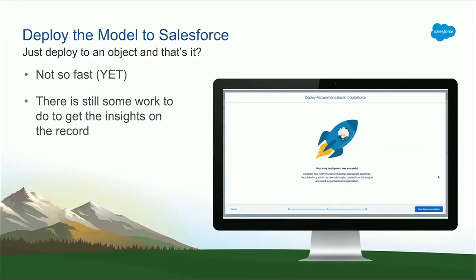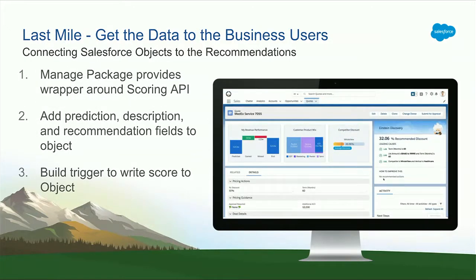So it builds a model behind the scenes, and you can deploy that model back to Salesforce. So the predictions and recommendations are based on a linear regression model that looks at your data and figures out what is the correlation between certain inputs and outputs to your data.